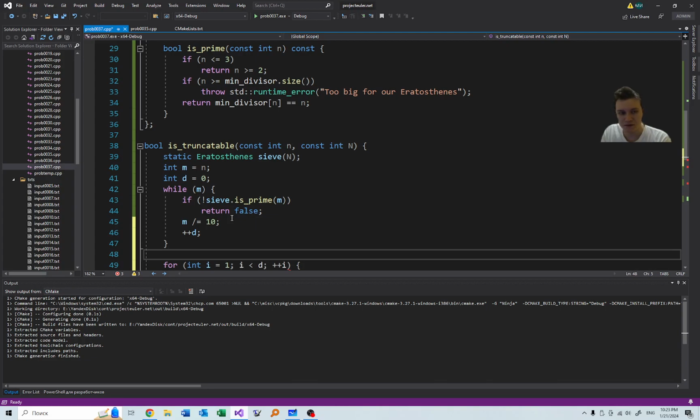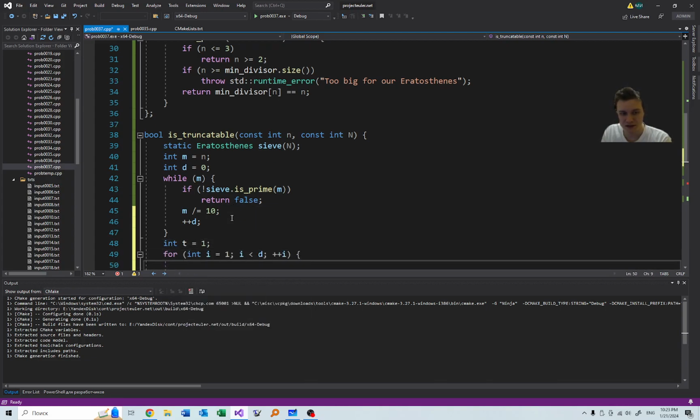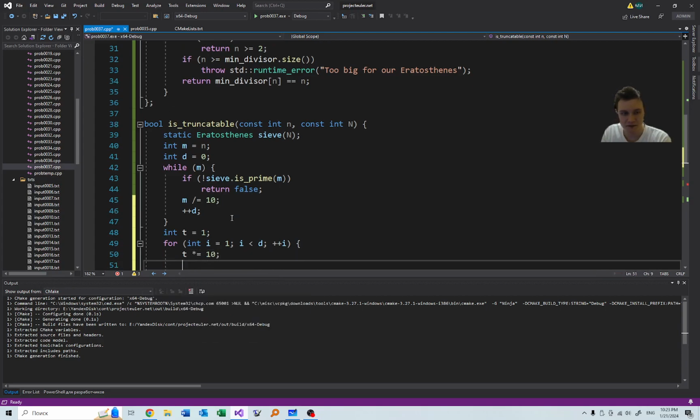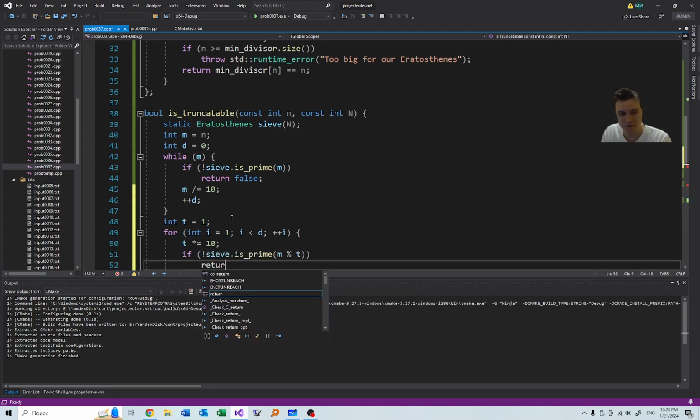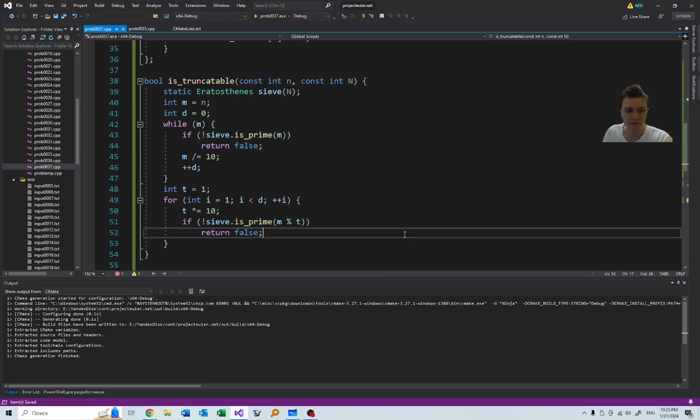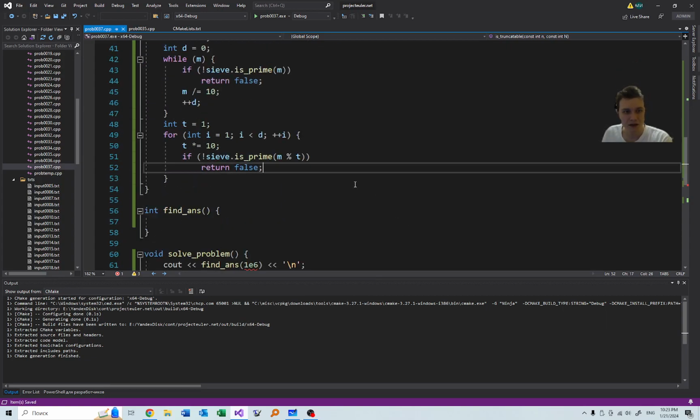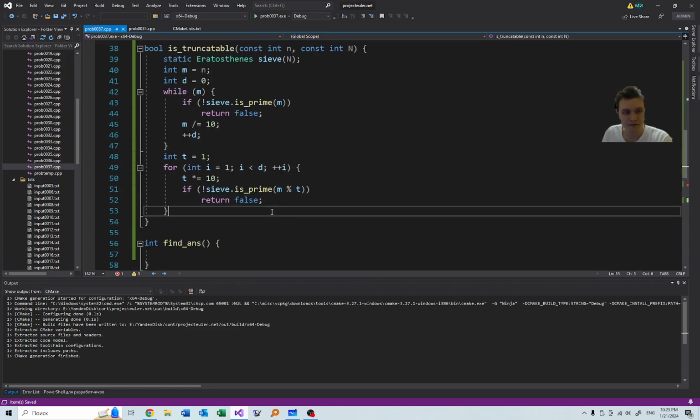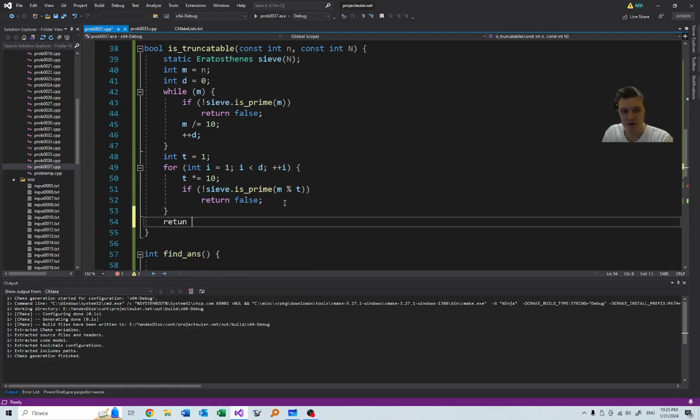So we have a power of 10, which is initially 1. In the cycle, we multiply it by 10. And we check that m % power is prime. And if it is not, we have to return false as well. Nice. In the end, we return true.